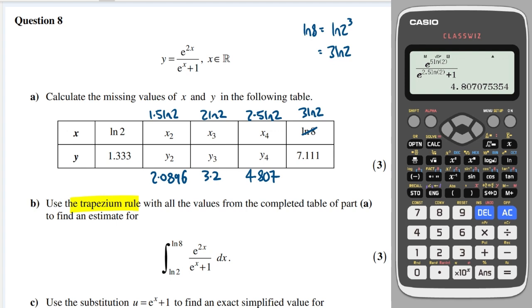Okay, and now we are asked to use the trapezium rule to find an estimate for this. So again, just calculator work here.